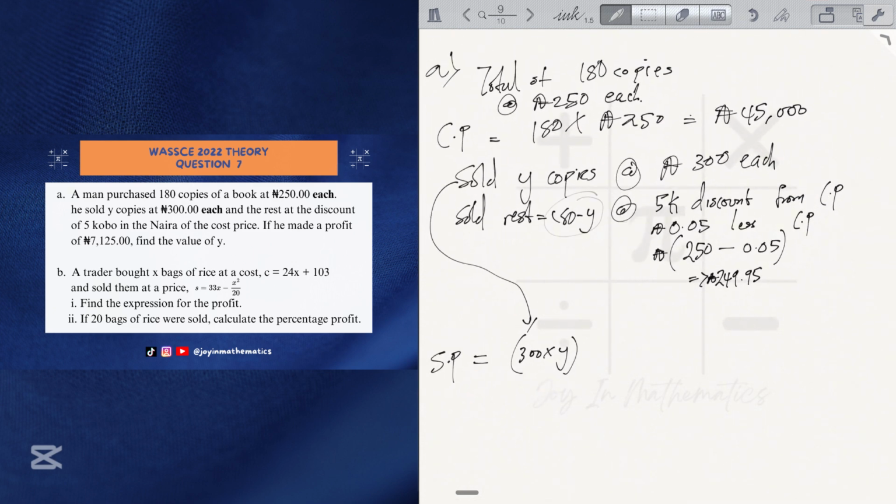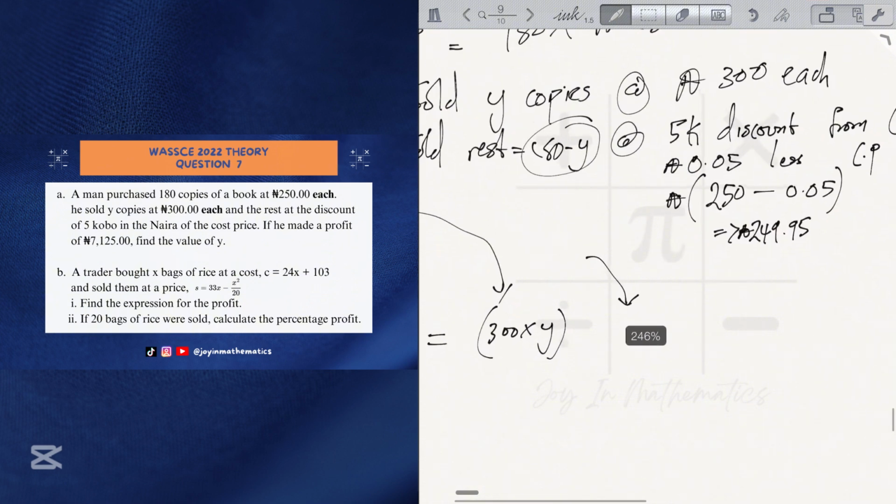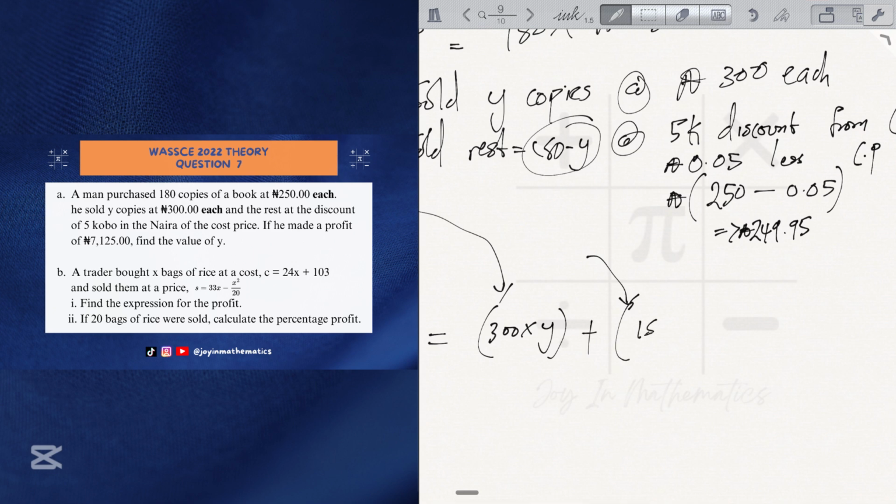So now he sold the rest at 249.95 naira, because that's 5 kobo discount from the cost price. So selling it at that rate, that means we'll have plus 180 minus y multiplied by 249.95.